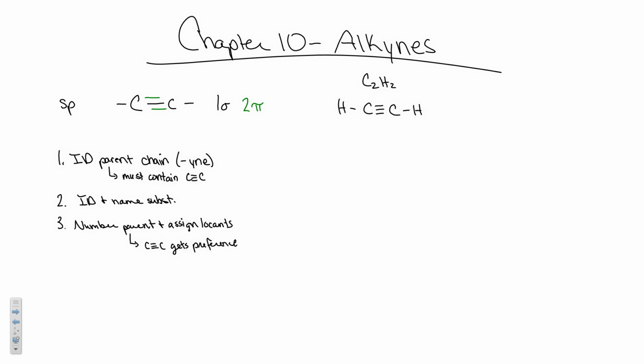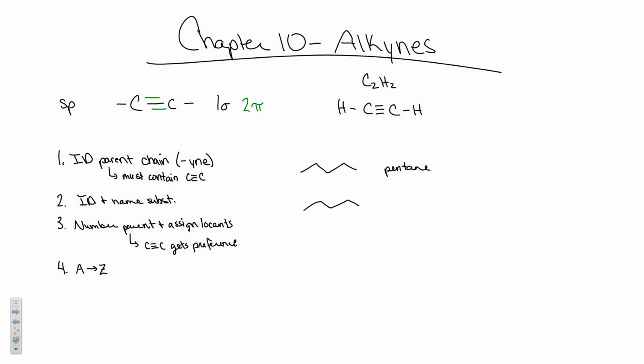In other words, it gets the lowest number. Regardless of the substituents, your triple bond gets the lowest number. And then name alphabetically, A to Z.